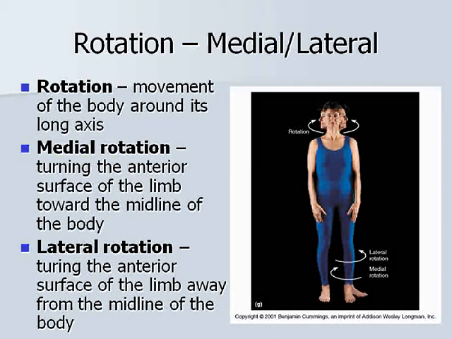So if my lower limbs are medially rotated, my toes are pointing towards each other, towards the median line. If I'm laterally rotated, I'm a ballerina. My feet are turned out, away from the median line, or median plane, or long axis. They all mean the same. So medial rotation, lateral rotation: the anterior surface of the limb is either pointing towards your long axis or away from your long axis.